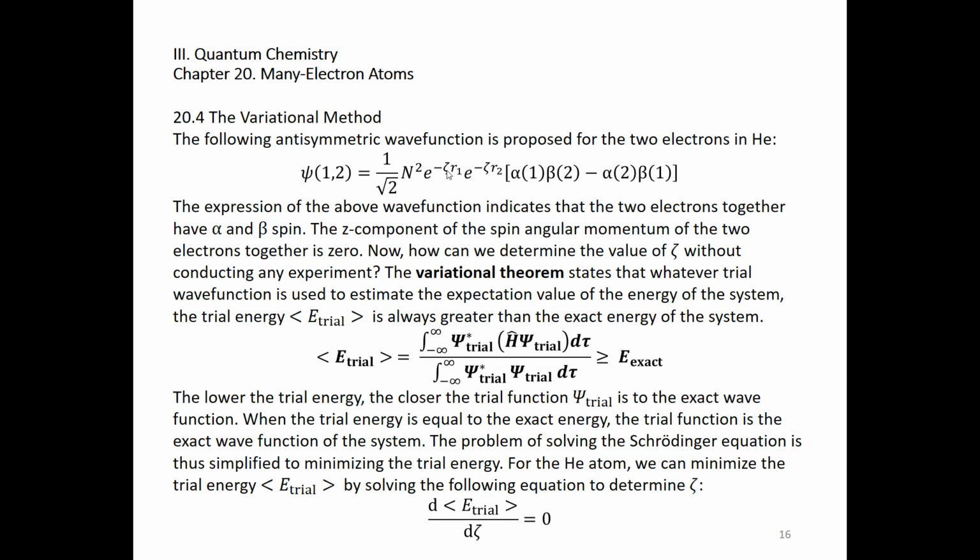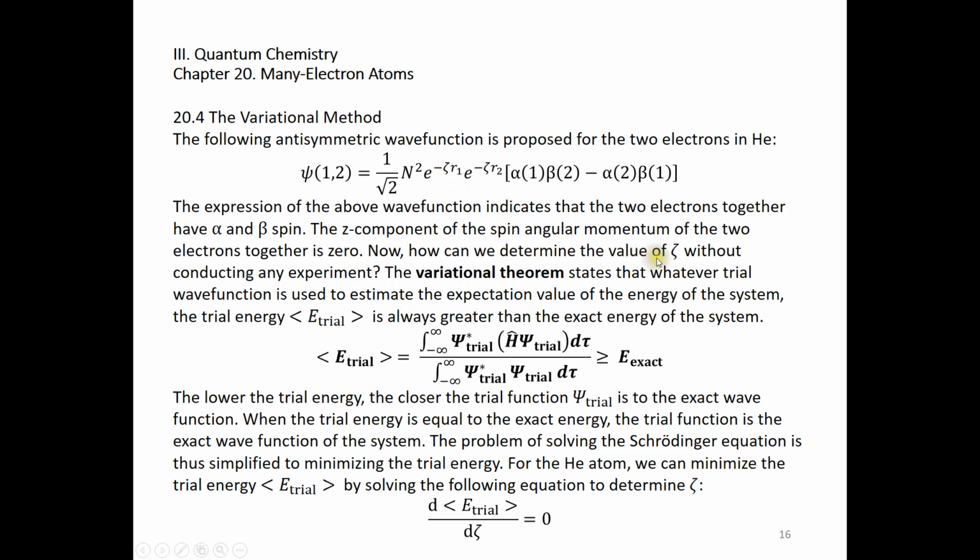We can approximately state that the energy of each electron is negative zeta squared over 2, assuming it's a hydrogenic electron. Then we set up negative zeta squared over 2 equal to negative 2.9 over 2. Zeta is determined to be 1.7.